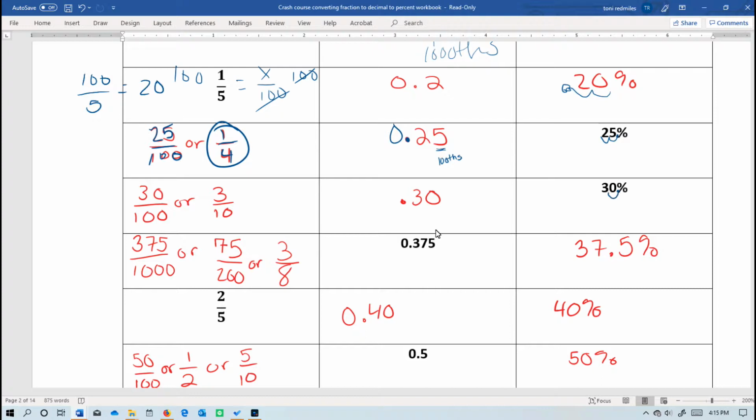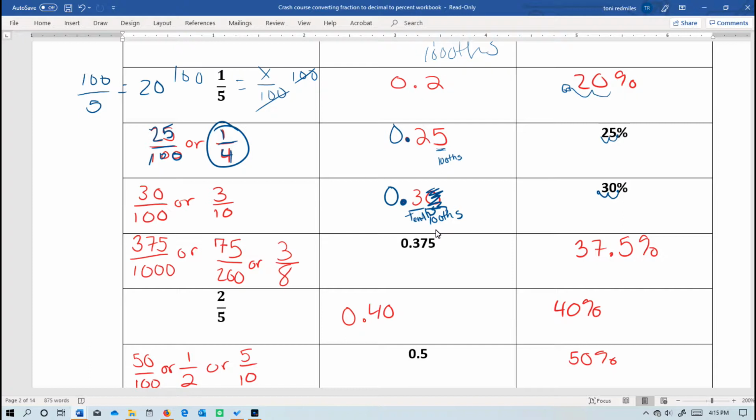All right, I'm going to do the same thing here. I'm going to move this decimal point 2 places to the left, making it 0.30. I keep forgetting that 0. That 0 is in the hundredths place, so I need to make it 30 over 100. Now, I could have said that 0 is not important and the 3 is in the tenths and made it 3 over 10. Or I could have made it 30 over 100 and reduced down to 3 over 10.